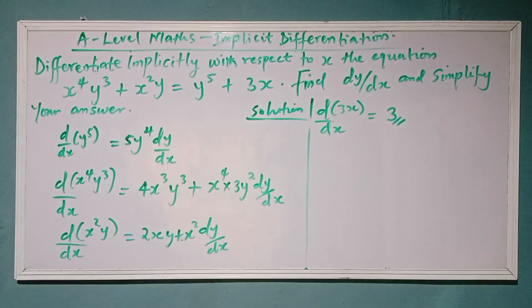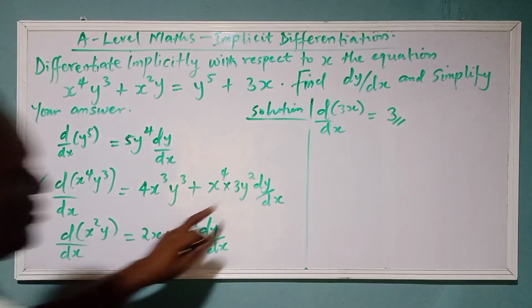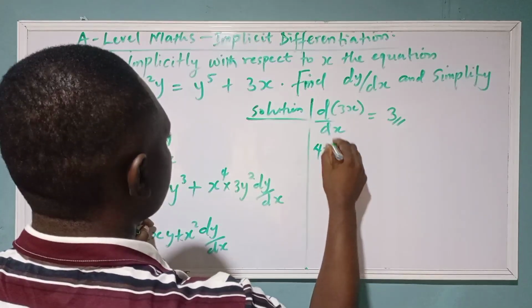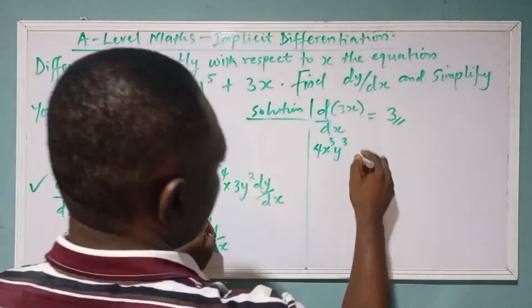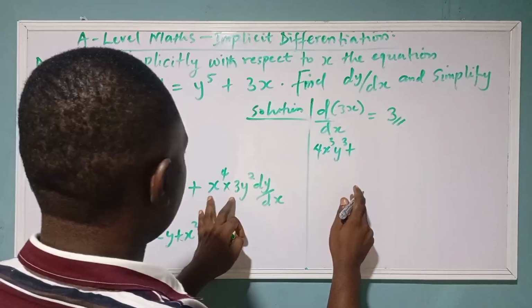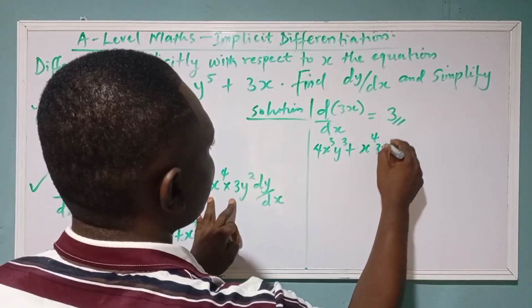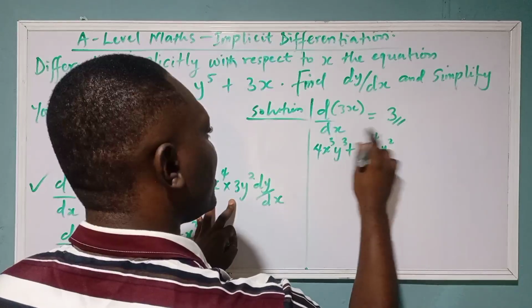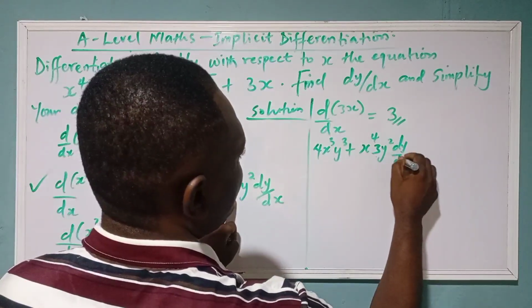Let me bring all of them together now. I'll have 4x raised to the power 3 y raised to the power 3, plus x raised to the power 4, 3y squared dy/dx.